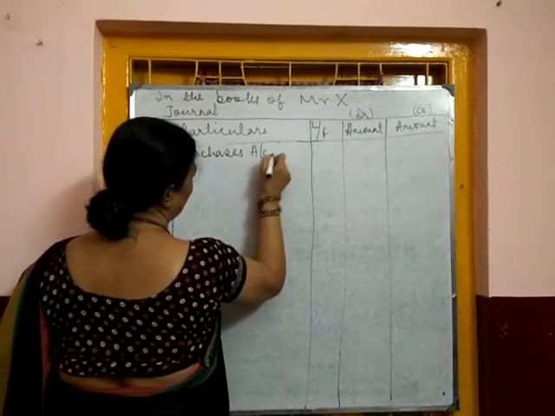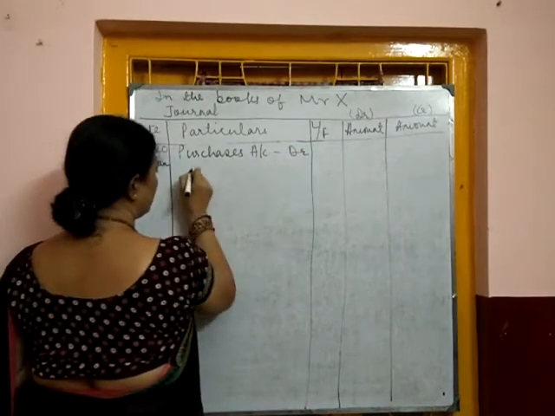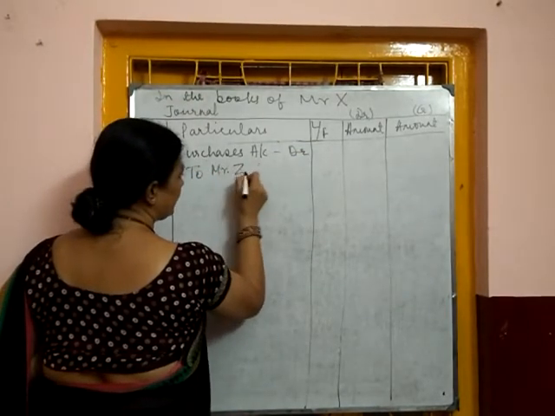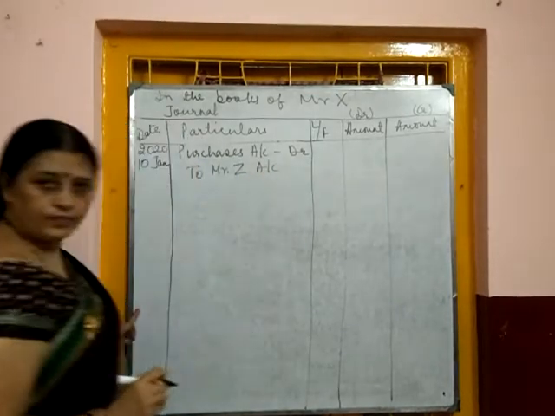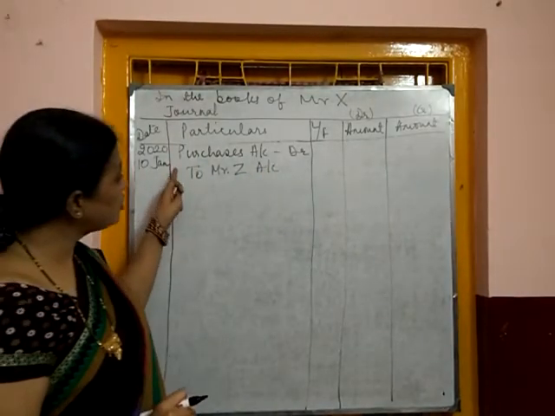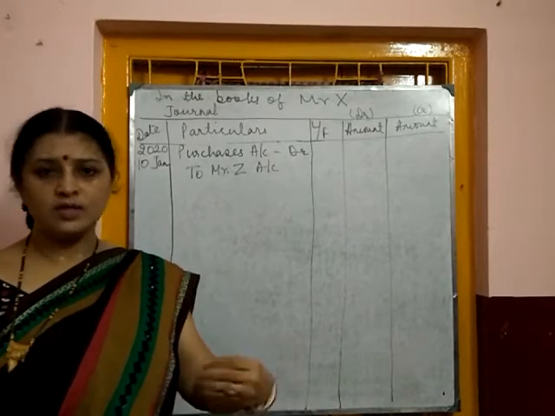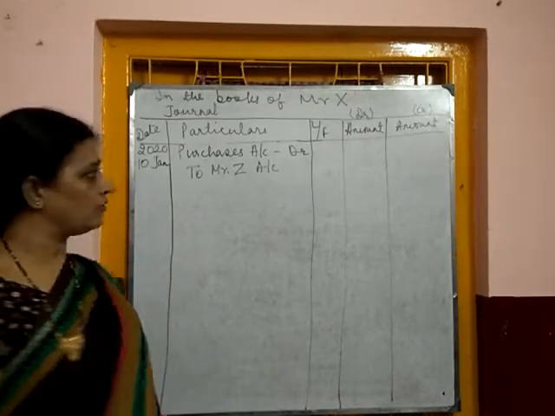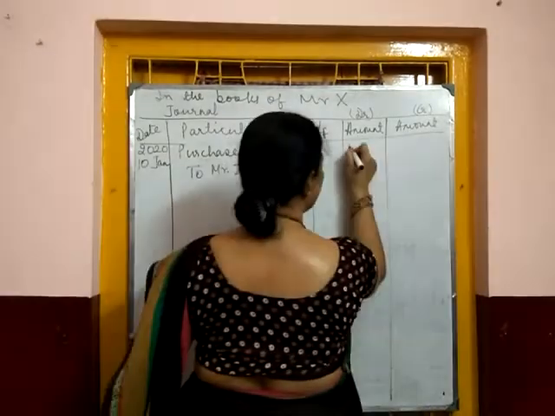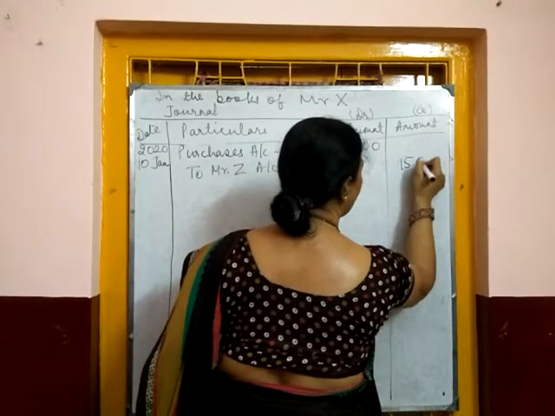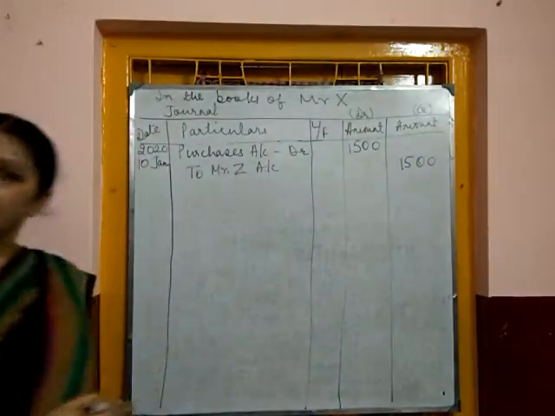Purchases account debit to Mr. Z account. Now he is purchasing goods from Mr. Z costing rupees 1,500. I'm just supposing. So 1,500 will be debited here and 1,500 will be credited here.